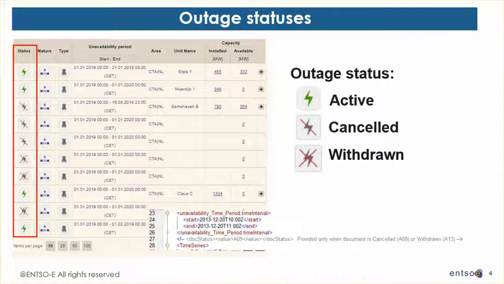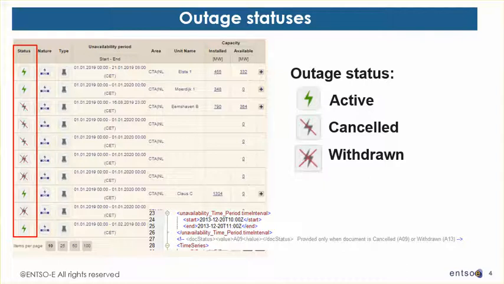By default, when you open this GUI view for outages, you will see only active outages. Because some data providers are polluting views with duplicated records and then canceling them, there was a case when you open the view and see a full list of 100 outages, all of them cancelled, and you don't see active outages anymore.